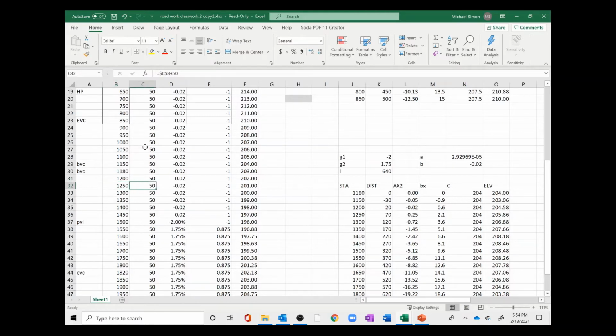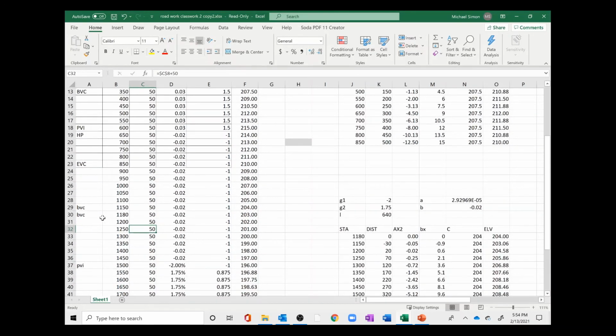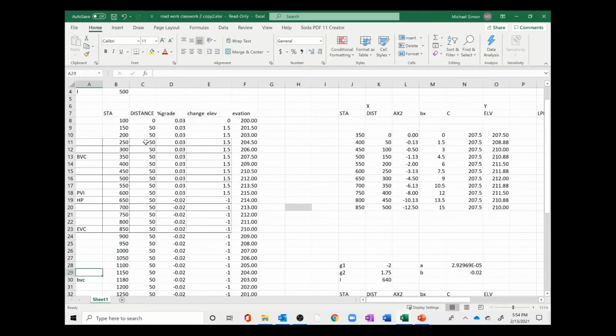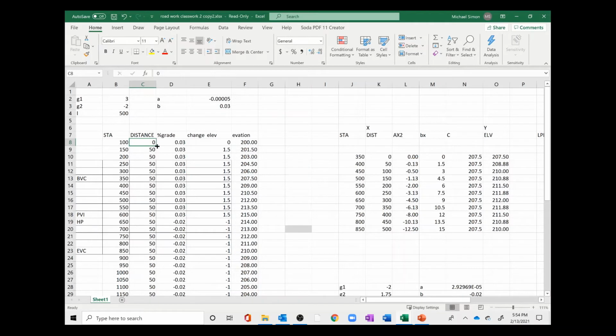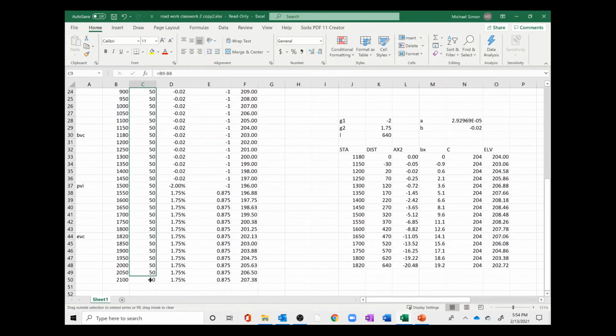So with these changes in elevation, the distance, you're always adding 50 feet. That works as long as it's 50 foot in between, but when you get down to your beginning of curve over here, it doesn't work out so well. So it's always better to take this as the station that you're at minus the station before it. It's still 50 feet, and we drag this all the way down. It will change some of the numbers, right?